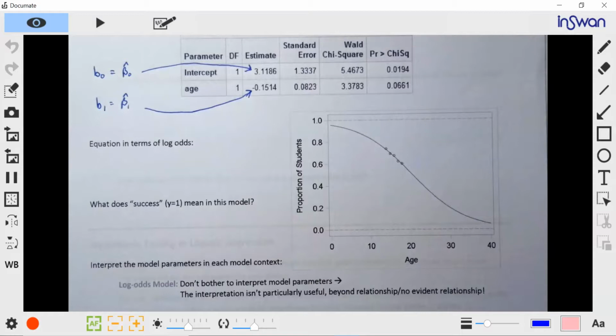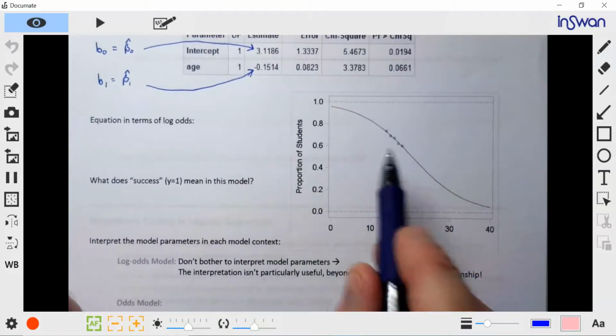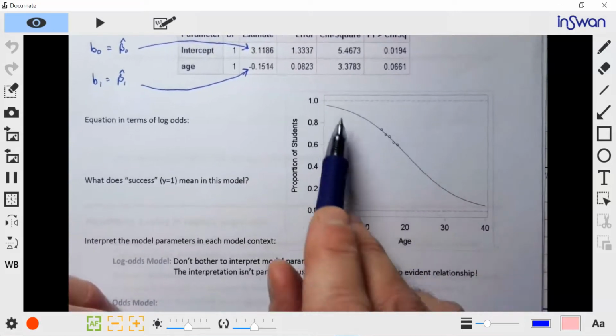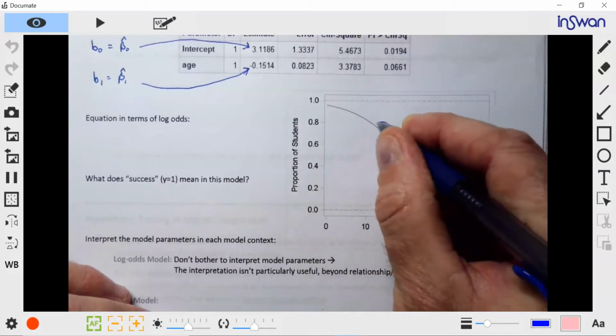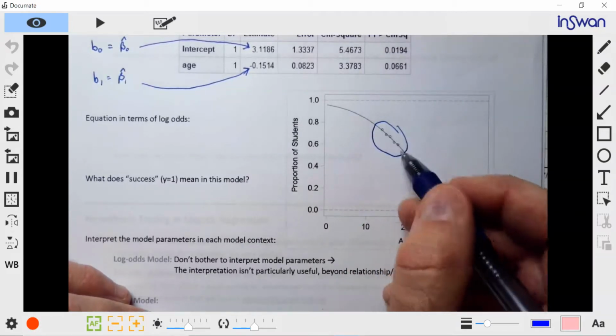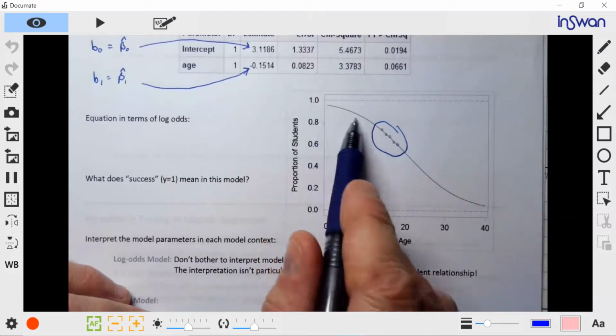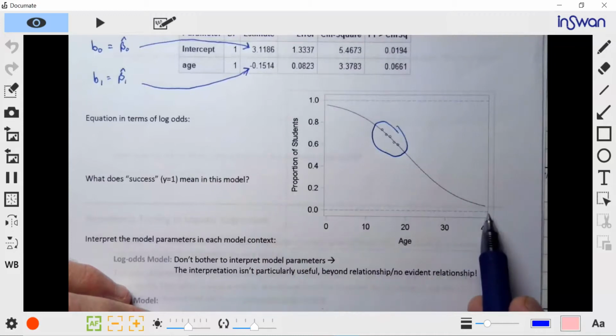It went beyond 0 and 1. Well, now, if we fit this logistic regression model, this is the predicted model. So again, within the range of the observations, they fall right along the model, which is almost a straight line in that range. But now notice that we have that nice S-curve that tops out at 1 and bottoms out at 0.